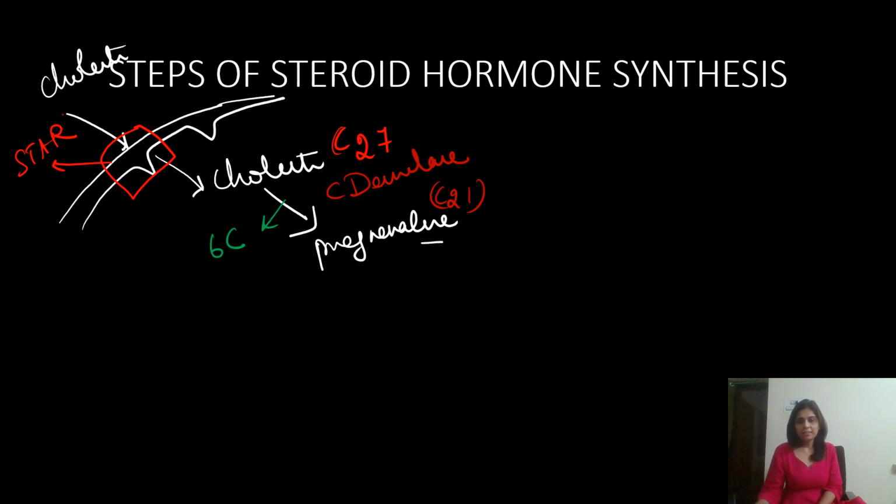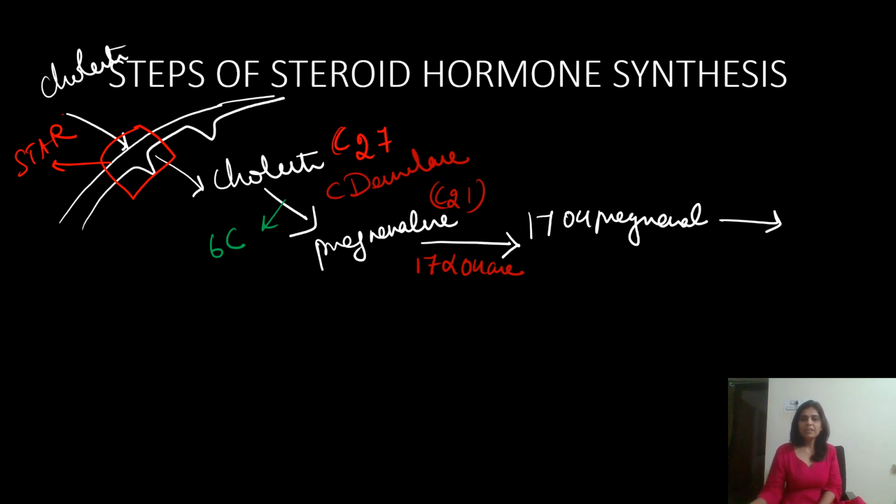Now the next enzyme is 17-alpha hydroxylase, which converts pregnenolone to 17-hydroxypregnenolone. Now, the next enzyme is 17,20 lyase, which removes 2 carbon atoms and converts 17-hydroxypregnenolone to the first androgen, which is DHEA.